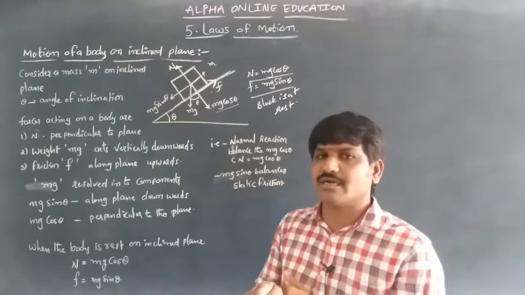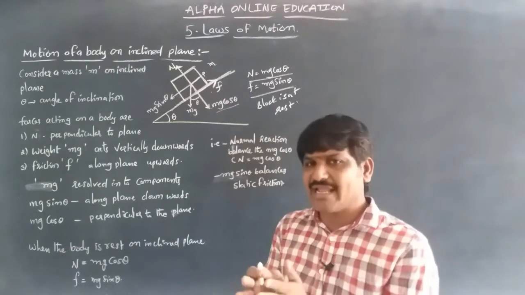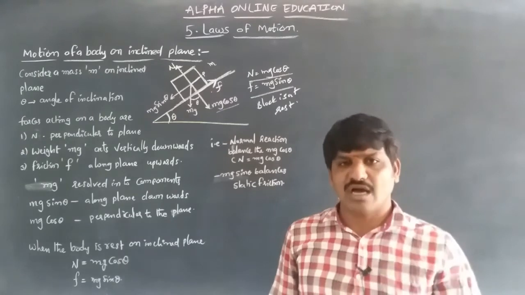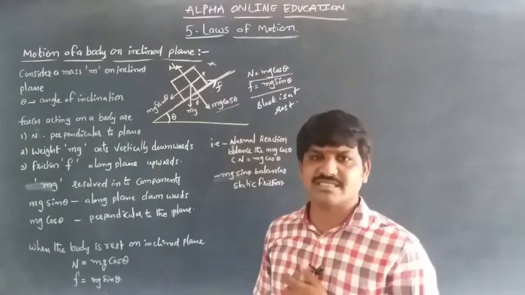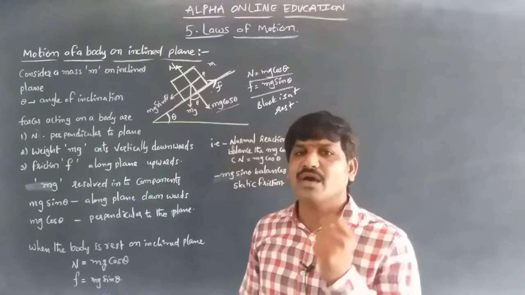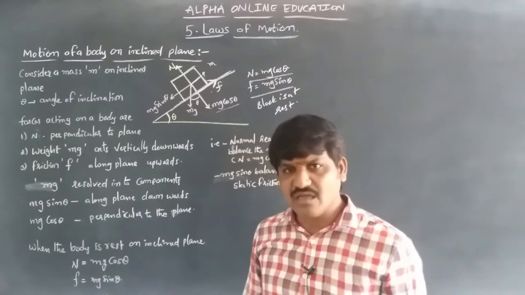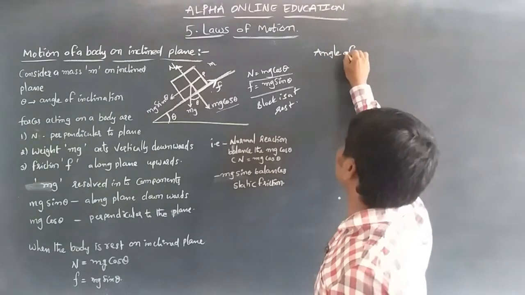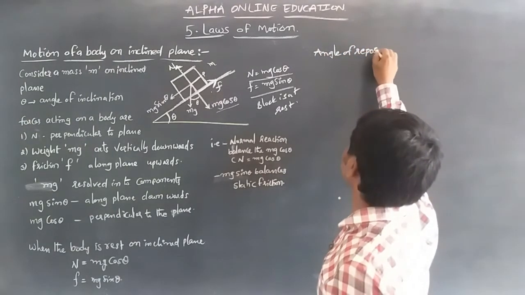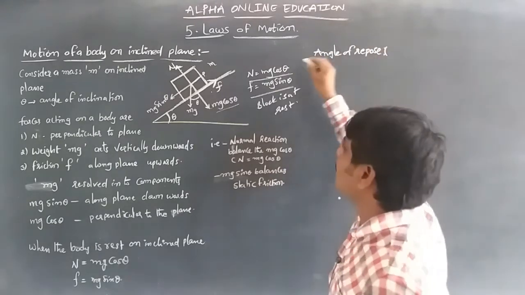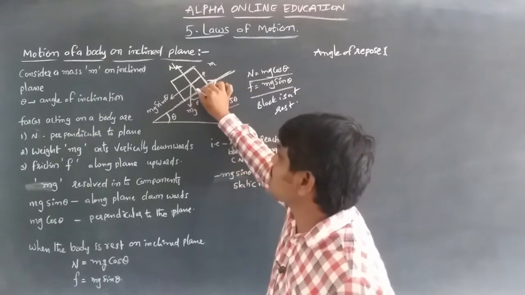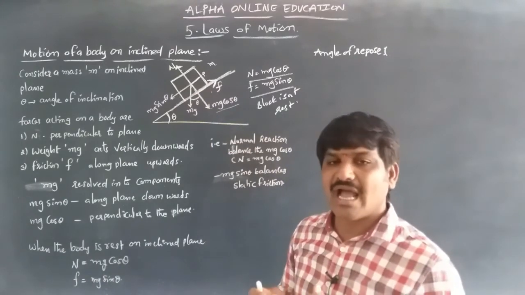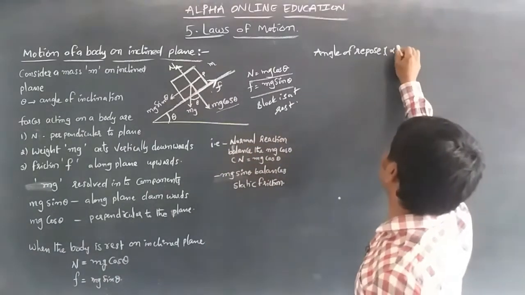So the angle of inclination will be equal to alpha. That alpha is considered the angle of repose. Angle of repose means simply that at that angle the body is about to slide or ready to slide, and it is denoted with alpha.